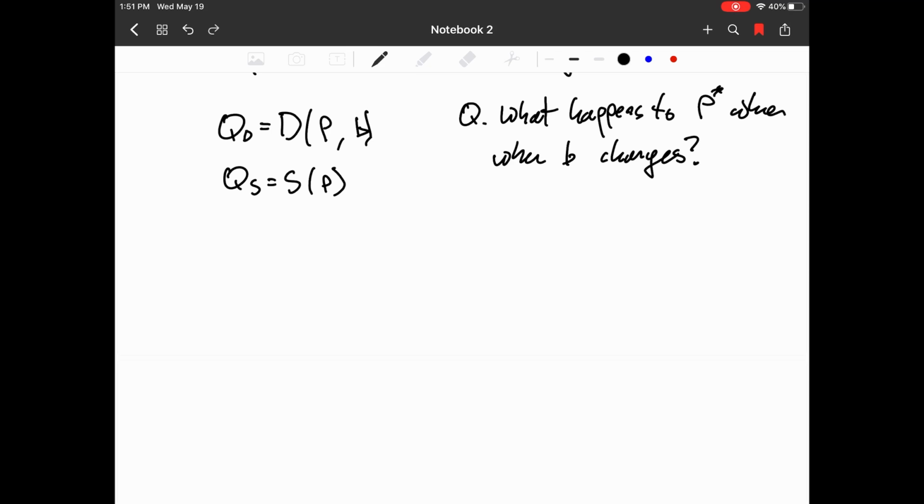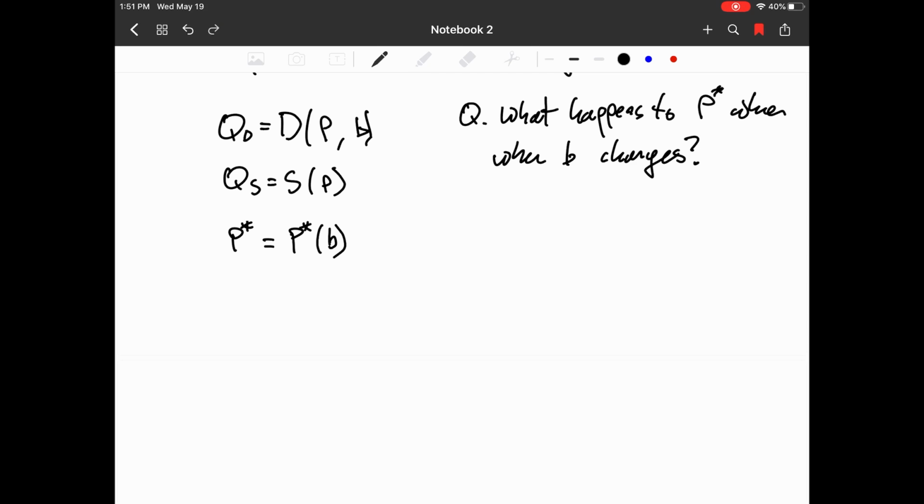So the first thing we're going to do, we found that our equilibrium price is a function of the exogenous variables. So let me write this a different way. Price is the result of some function p star, which is a function of b.